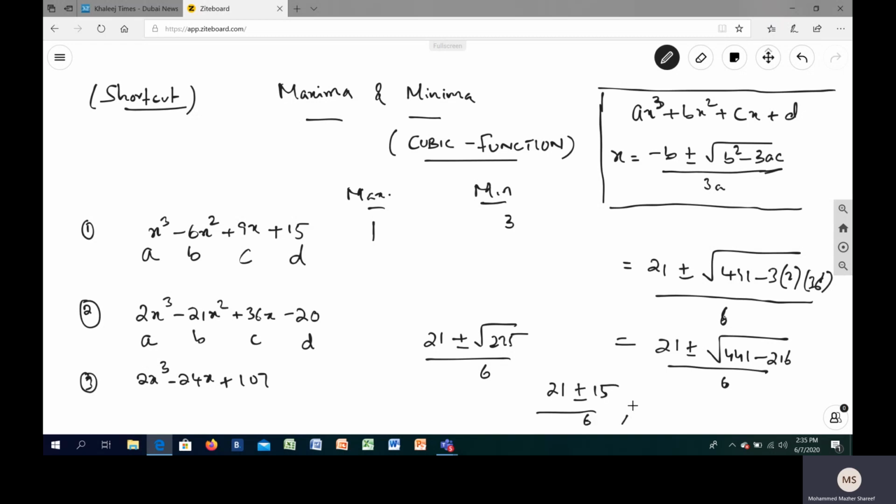Now solving further, I get 36 over 6 or 6 over 6. It means the roots for this cubic function are 6 and 1.